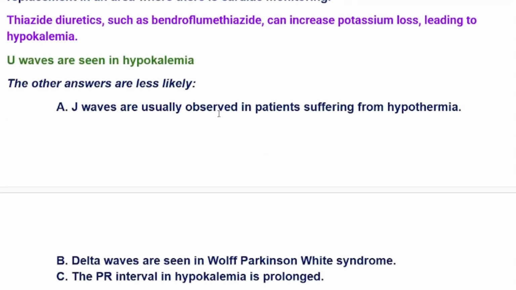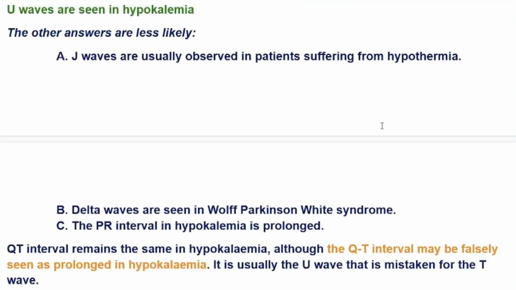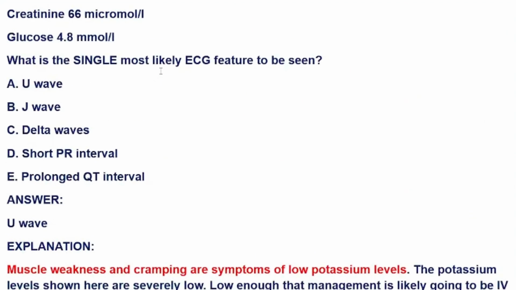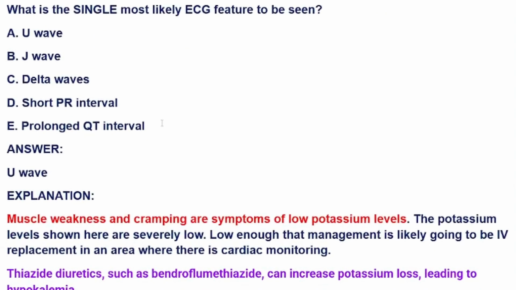J waves are usually observed in patients suffering from hypothermia. Delta waves are seen in Wolff-Parkinson-White syndrome, and the PR interval in hypokalemia is prolonged. But here we had prolongation of QT interval. It's not QT interval, but PR interval.